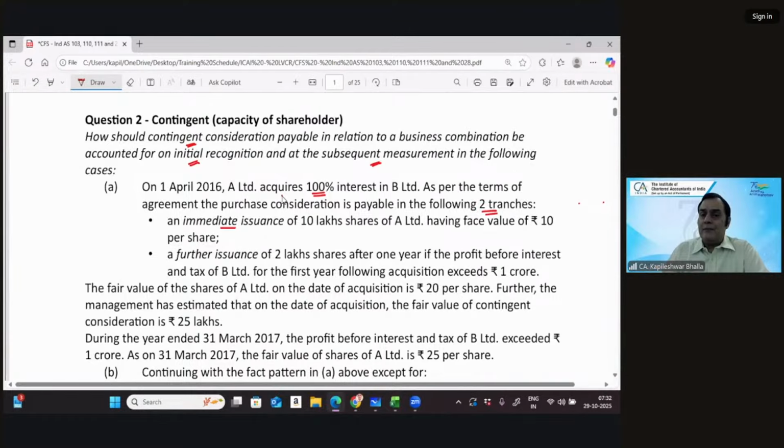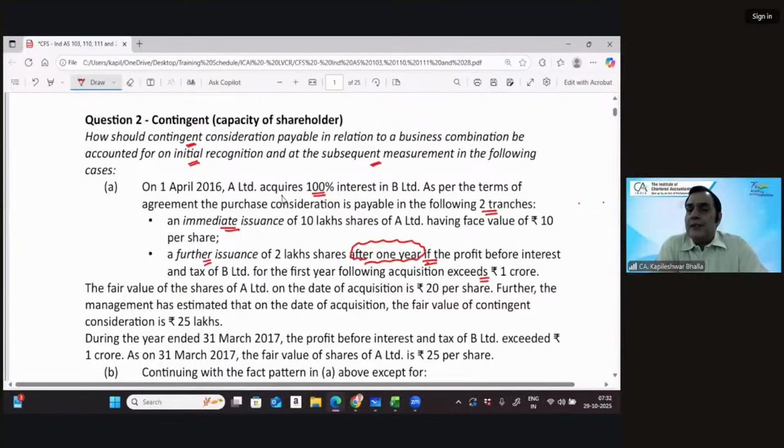There is an immediate issuance of 10 lakh shares with a face value of 10 per share. Then there is a further issuance of 2 lakh shares after a period of 1 year, if the profit before interest and tax for the first year exceeds 1 crore.